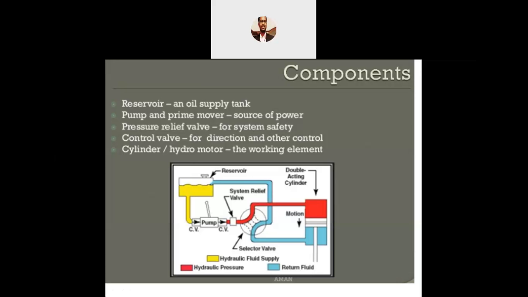A double acting one does the work on both occasions, when it is moving on both the sides. That means if it is moving upwards, it does the work. If it is moving downwards, then it also does work. It does the work in both the movements. Then we call it a double acting cylinder. If it is doing the work only once, then we call it a single acting cylinder. That's it.